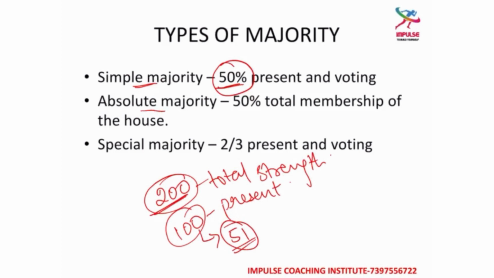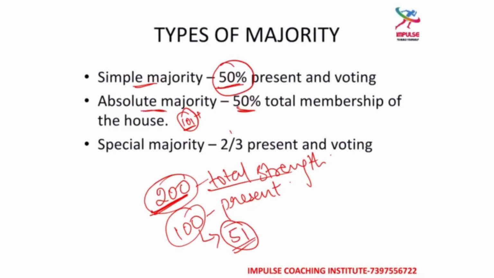Now what is absolute majority? 50% of the total membership of the house. 200 is the total membership of the house. So absolute majority is 50% of 200, which is 100. So it should be 101 or more than 101. What is special majority?